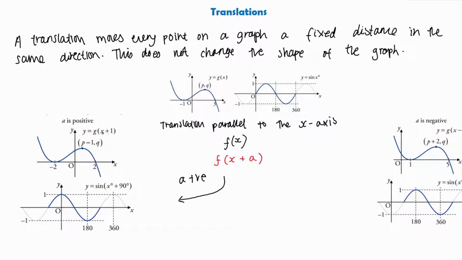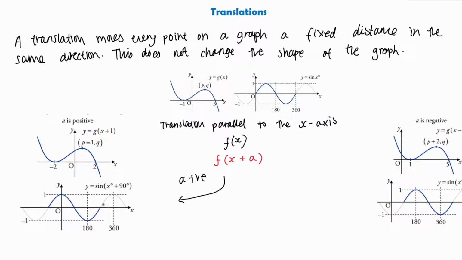So in this case, if our function g(x) is now g(x + 1), every point will be shifted in the x-axis left by 1, or whatever a is. So it's a bit confusing for this one, but if it's positive, just think of it as getting closer to 0. So as you can see, the point (-1, 0) is now (-2, 0). (p, q), which is the general point, is now (p - 1, q), or p minus whatever a is. And the point (3, 0) is now (2, 0).